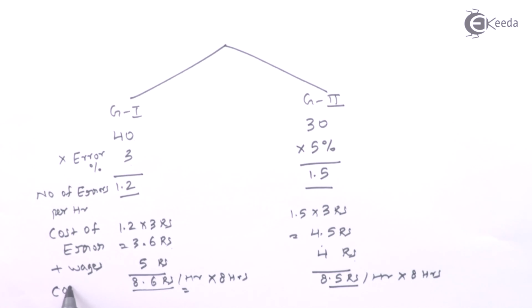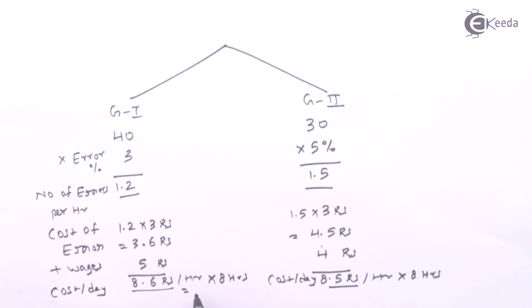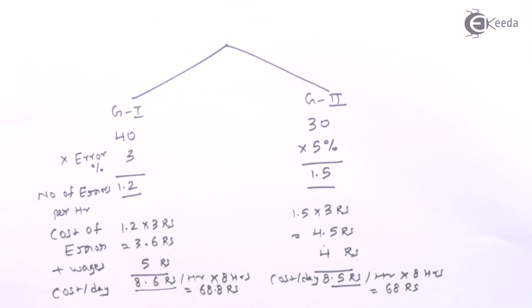So this is my cost per day. In the first case it will be 8.6 into 8 hours per day, which comes to 68.8 rupees. In case of grade 2 it will be 8.5 into 8, exactly 68 rupees per day.